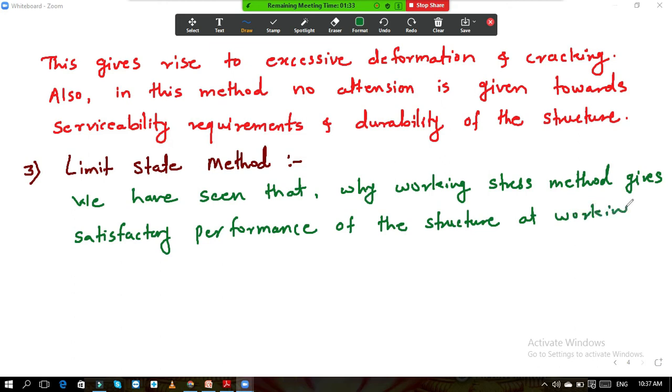Okay, once the load is increased, then it will not give you satisfactory performance.